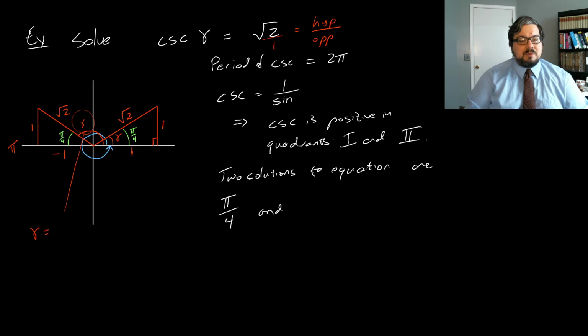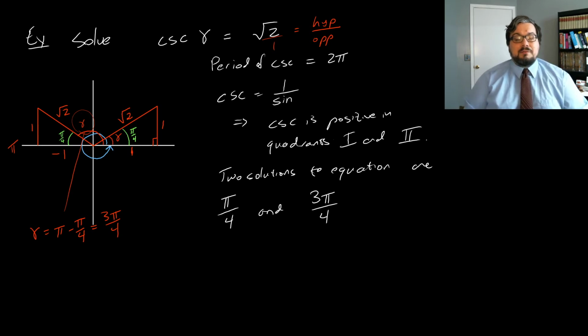So here gamma will equal pi minus pi over 4. So it'll be 3 pi over 4. So the two of the solutions to this equation are pi over 4 and 3 pi over 4.